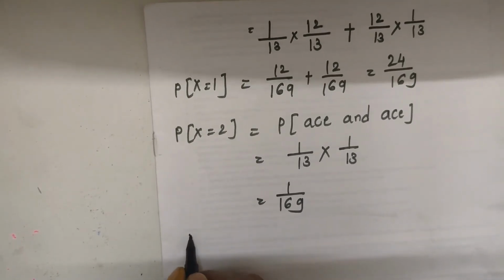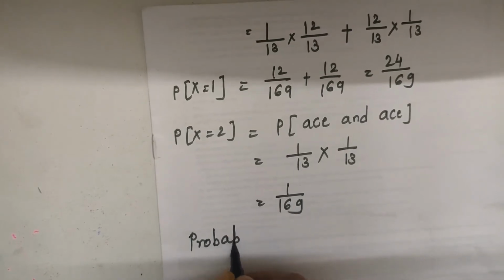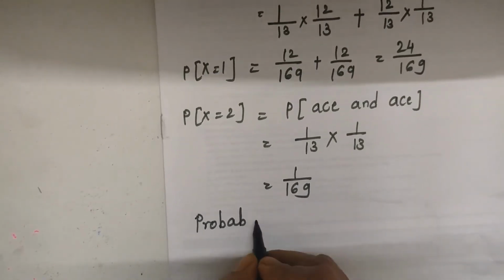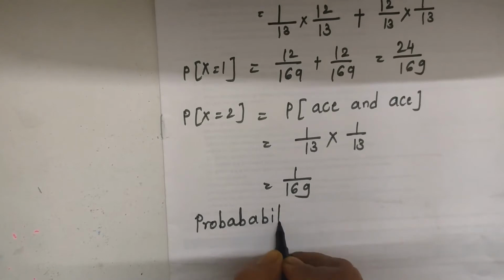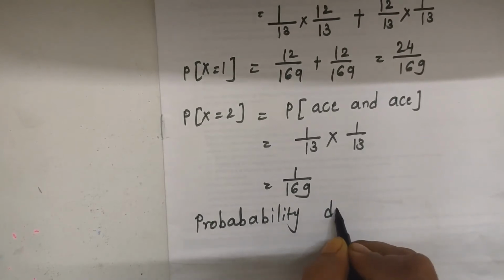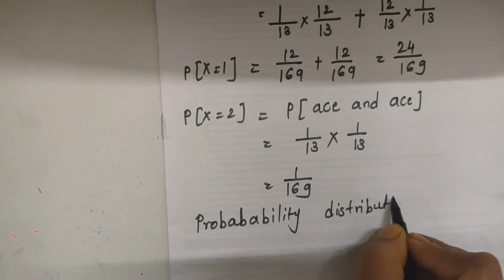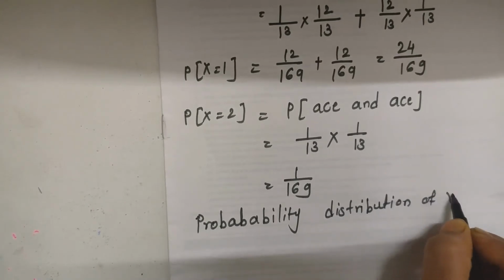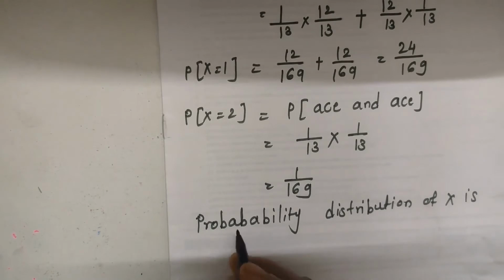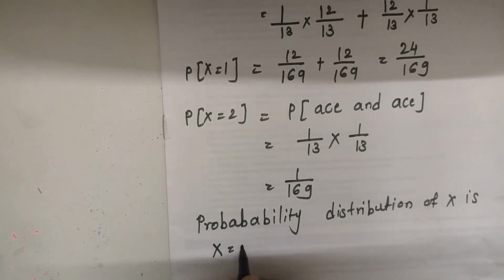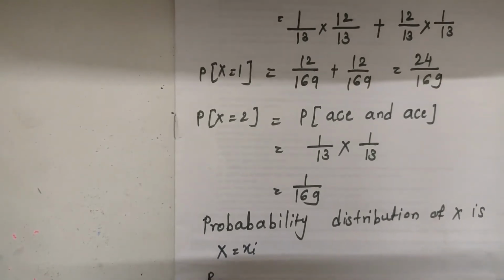So we can write the probability distribution in tabular form. The probability distribution of X is equal to xi, and the probability of X equal to xi.